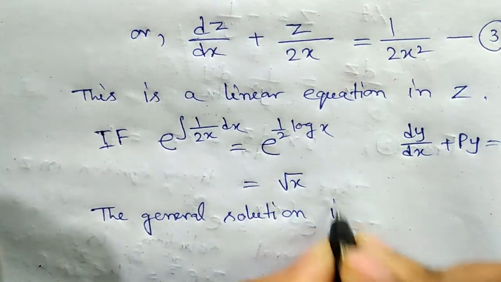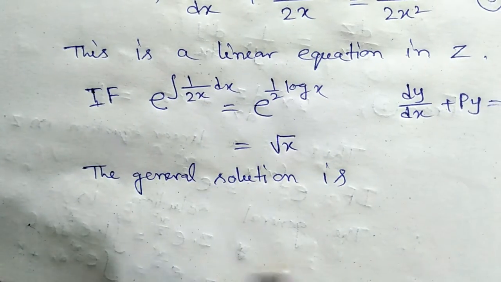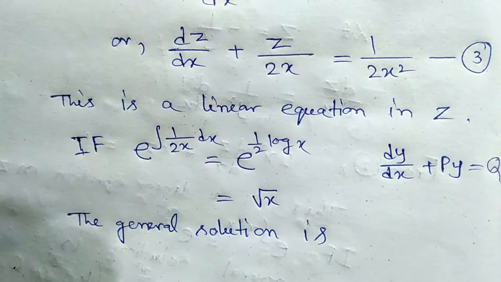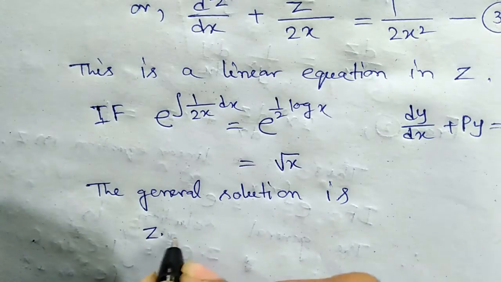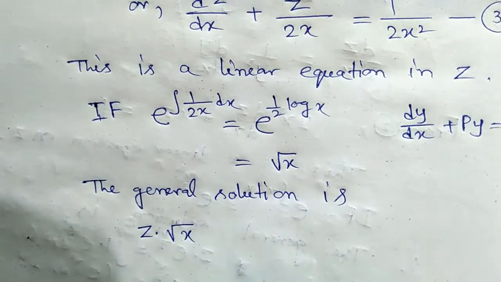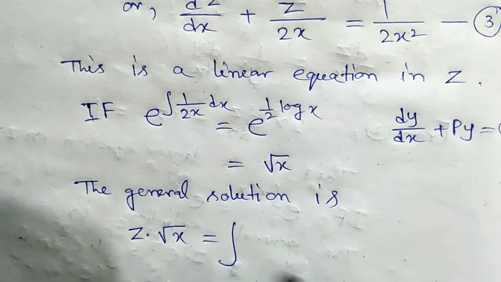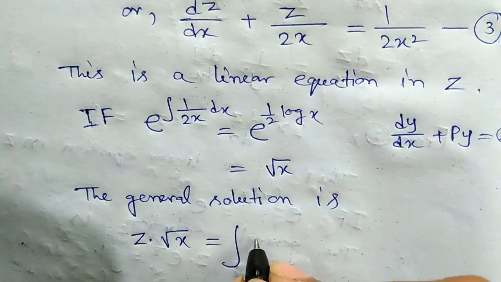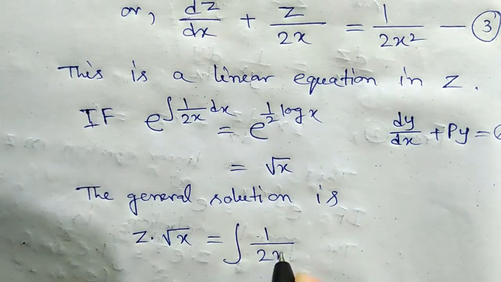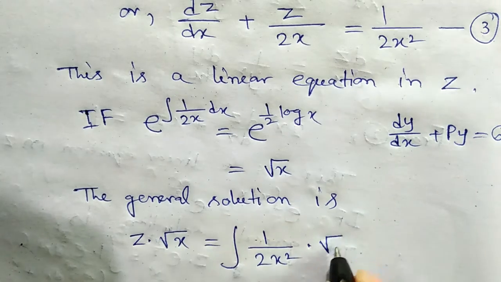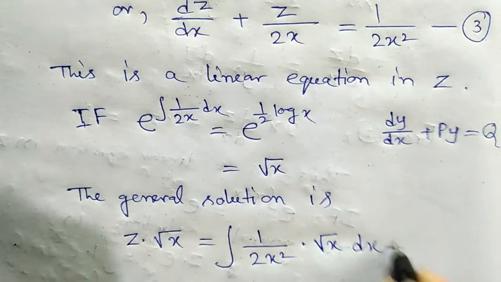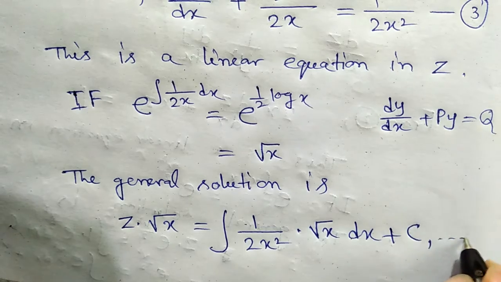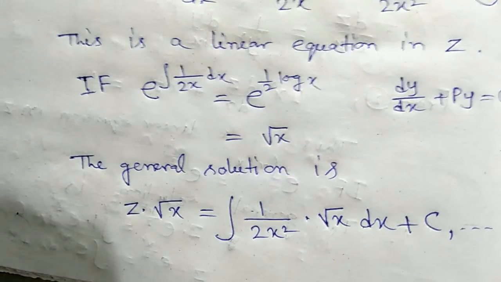Here the dependent variable is z. Therefore, z into integrating factor root x equals integration of the right side function q, that is 1/(2x^2) into integrating factor dx plus c, where c is an arbitrary constant. We have to write that c is an arbitrary constant.